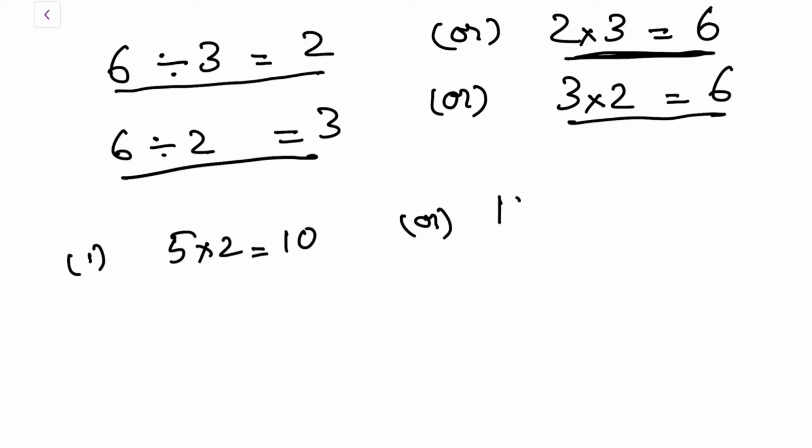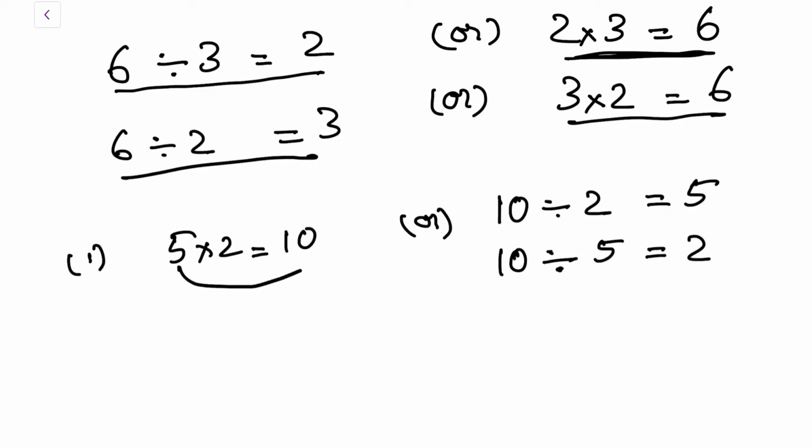Just do the inverse. 10 divided by 2 is 5. Or you can also write it as 10 divided by 5 is 2. You can take 5 that side as division, or you can take 2 that side. When the multiplication goes to the other side, it becomes division. That means division is nothing but the inverse of multiplication.